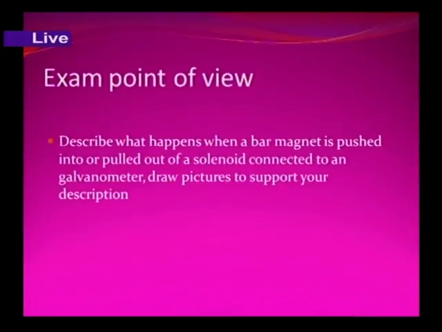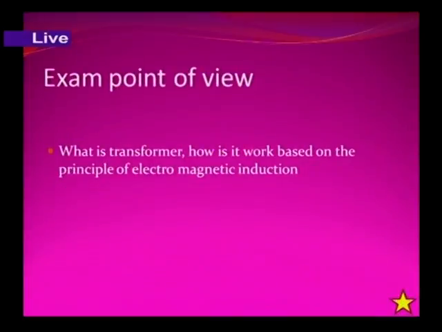Next, describe what happens when a bar magnet is pushed into or pulled out of a solenoid connected to a galvanometer. Draw pictures to support your description. And what is a transformer? How does it work based on the principle of electromagnetic induction? So friends, now we also came to know about the exam point of view.